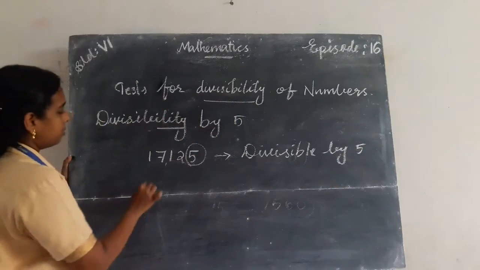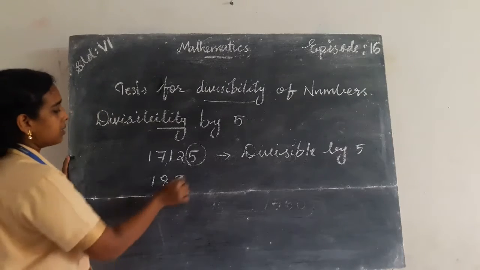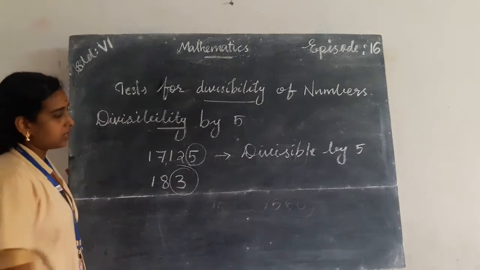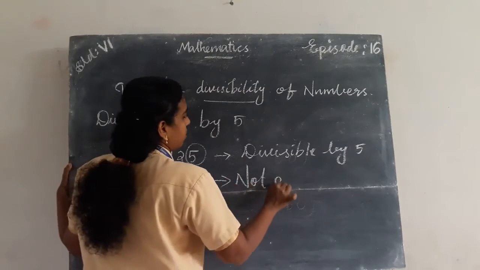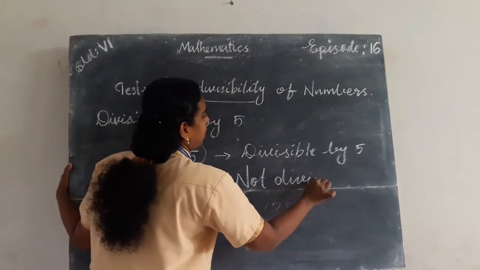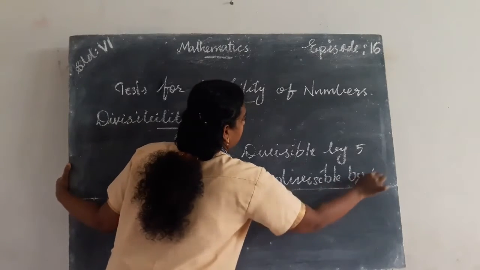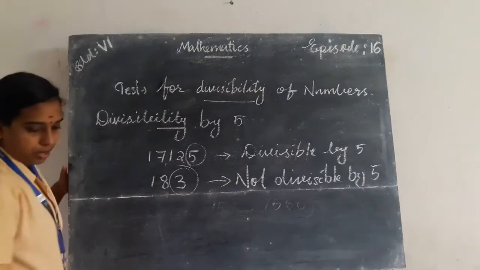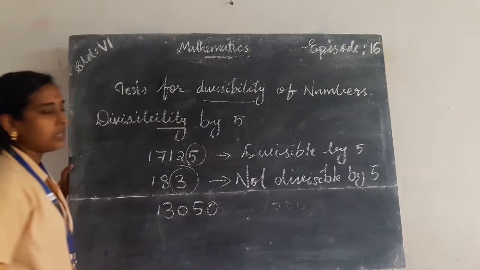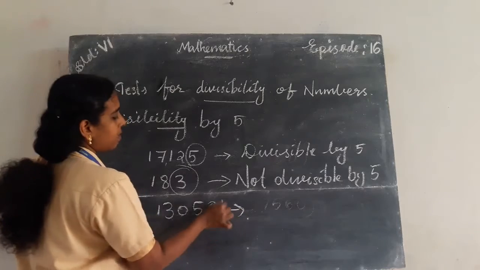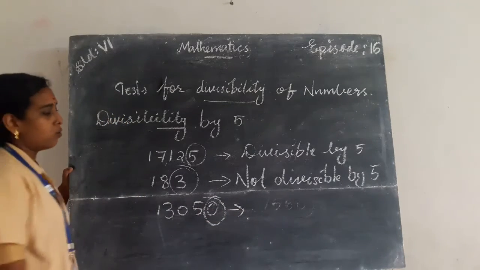And another number, 183. Here 3 is at the ones place, so this is not divisible by 5. And another number, 13,050. Here 0 is at the ones place, so this number is divisible by 5.